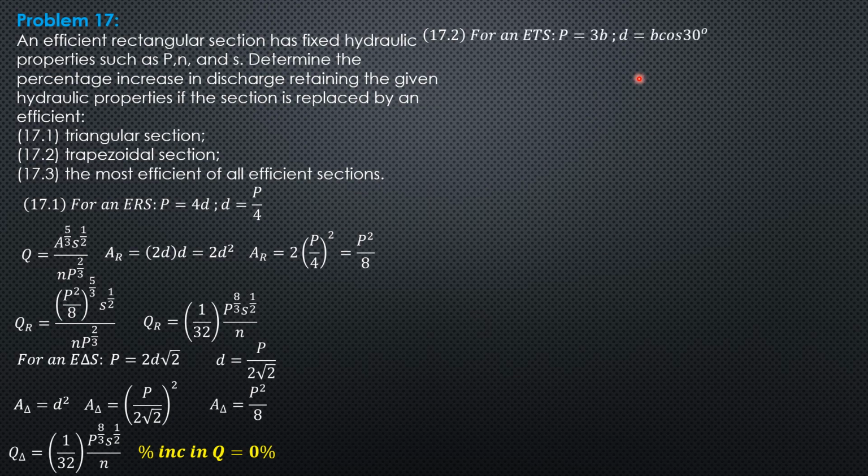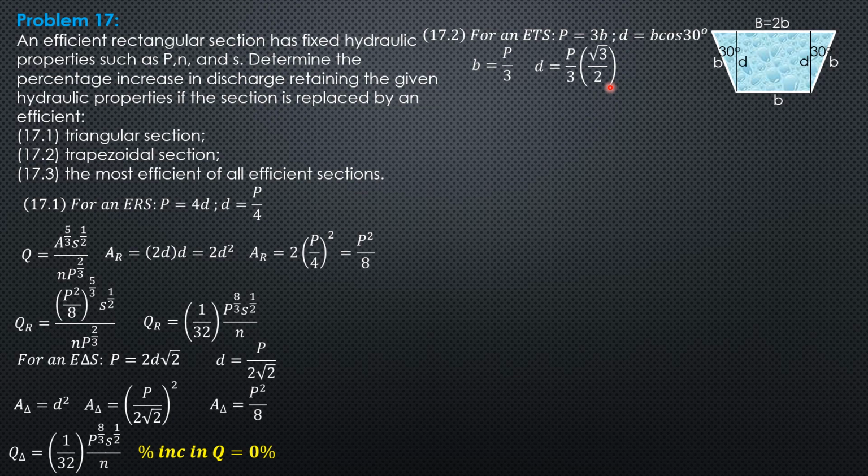Then for an efficient trapezoidal section, the perimeter is 3B, the depth of flow is B cosine 30. So B is perimeter over 3. The depth is perimeter over 3 cosine of 30, and cosine 30 is square root of 3 over 2, so it is square root of 3 over 6 of B. And the area of efficient trapezoidal section is 1/2 top width plus bottom width times depth, which is B cosine 30.